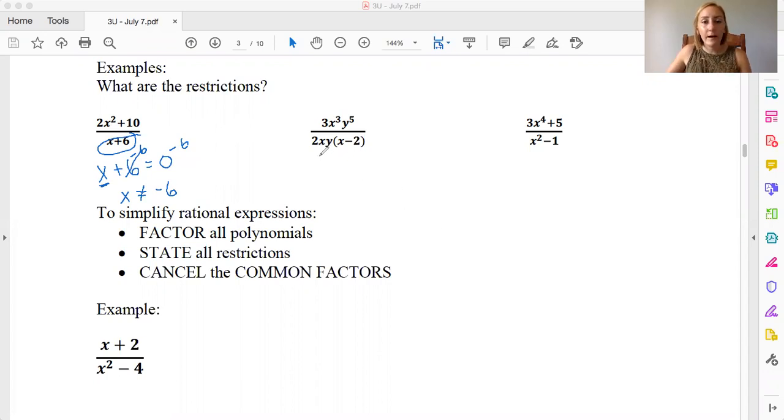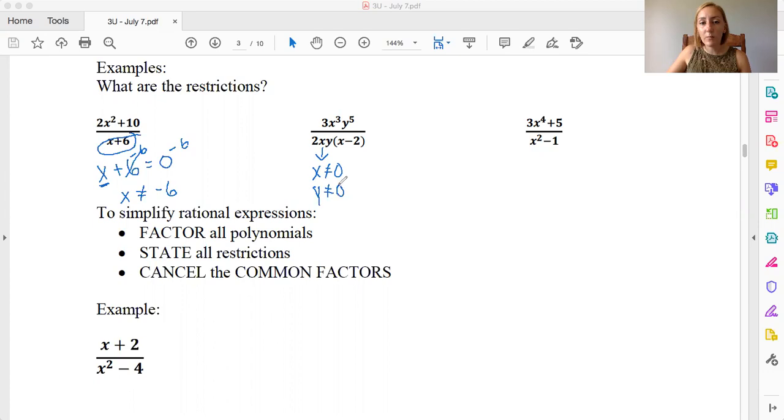Here, same thing as well. It's convenient with these when they're multiplied. Anything multiplied by 0 is going to be 0. So x can't be equal to 0, because if x were equal to 0, it would be 2 times 0 times whatever y would be times whatever's in here. No matter what, it would just be equal to 0, and it doesn't work.